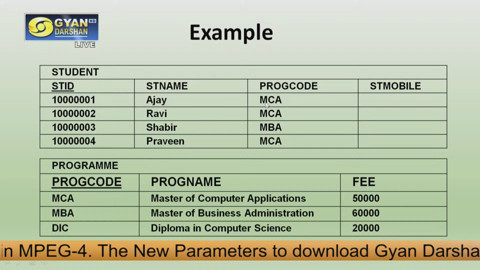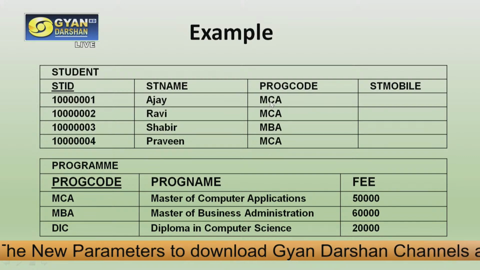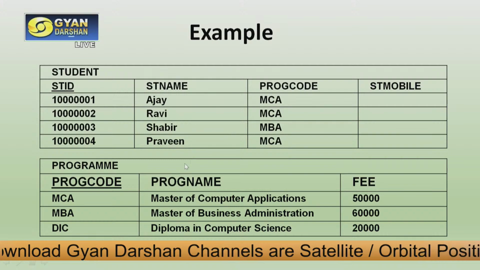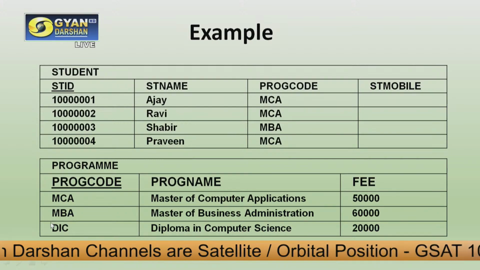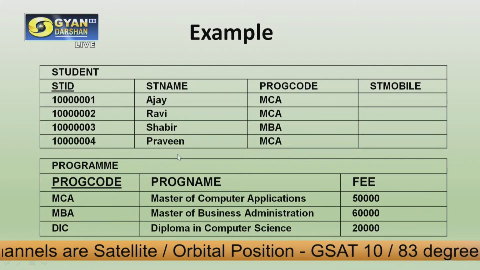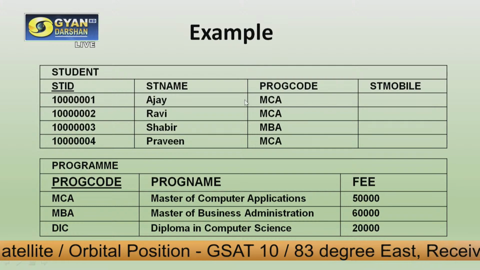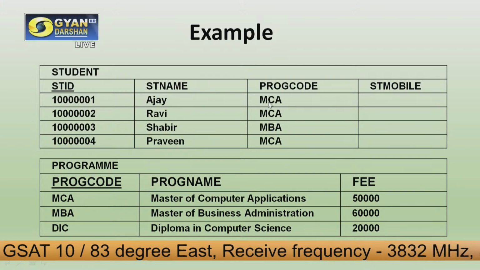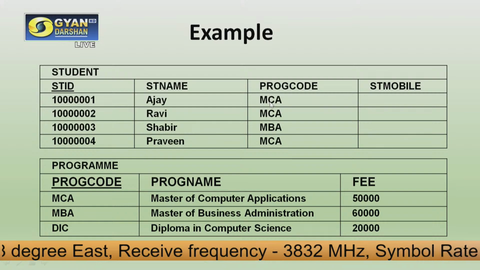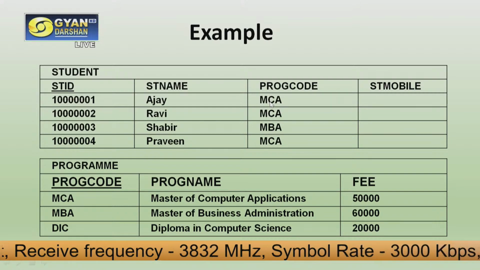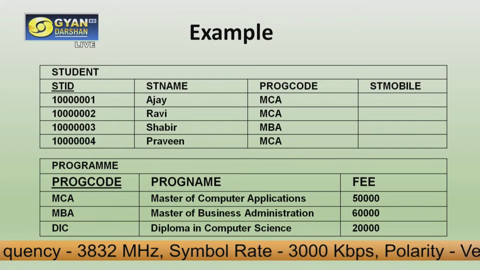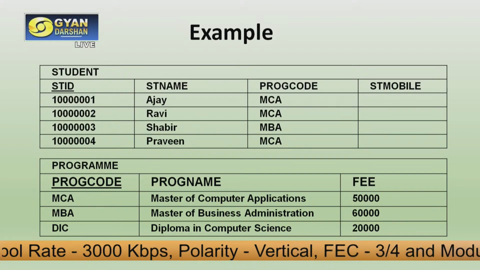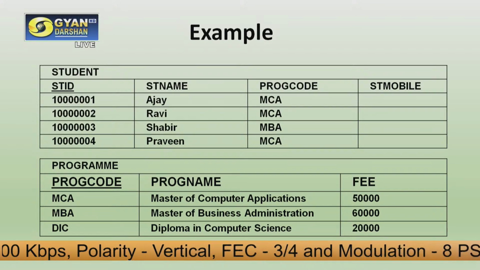Suppose instead of MCA we put MDA by chance. Then there is no MDA in this particular table, right? So referential integrity will make sure that if you want to input MDA in this particular field, it will not be accepted by the DBMS, it will be rejected by the DBMS. So that is what the referential constraint is all about.